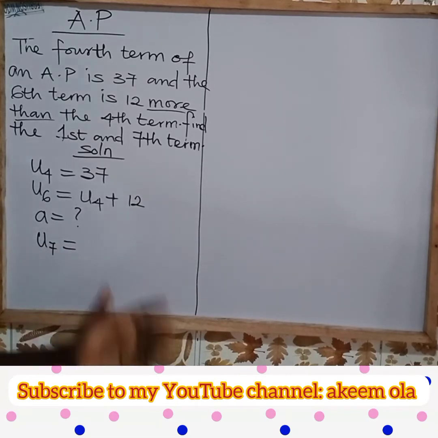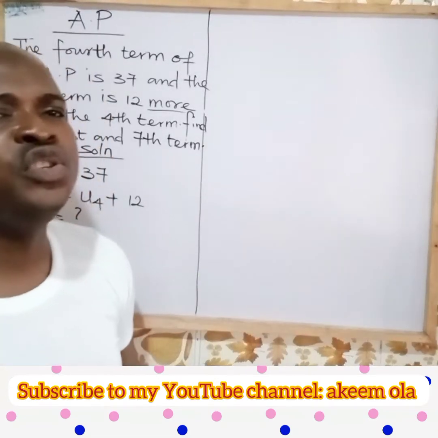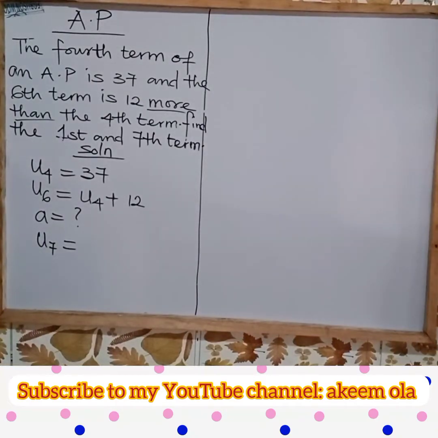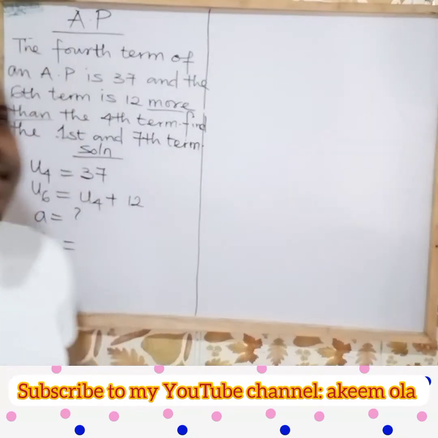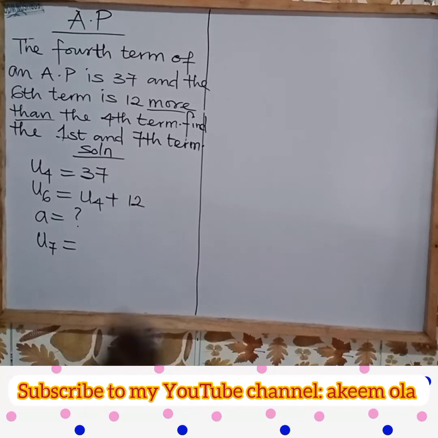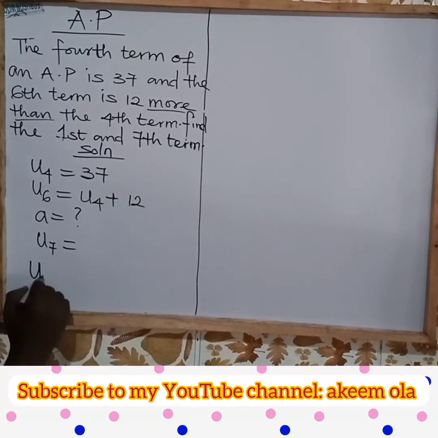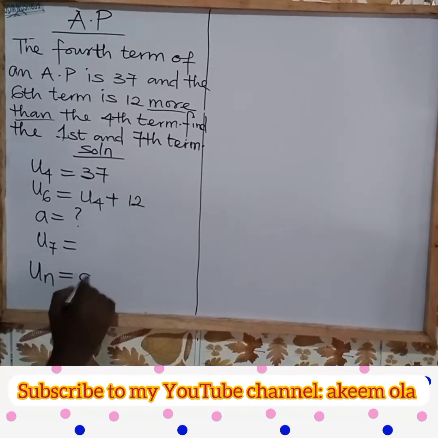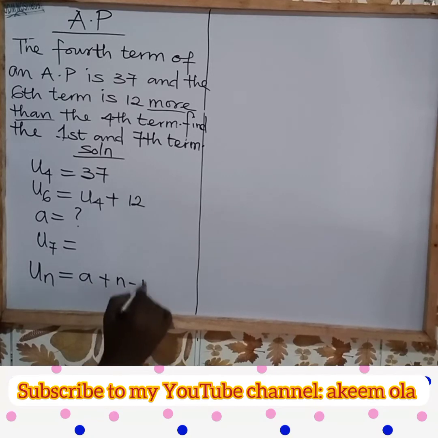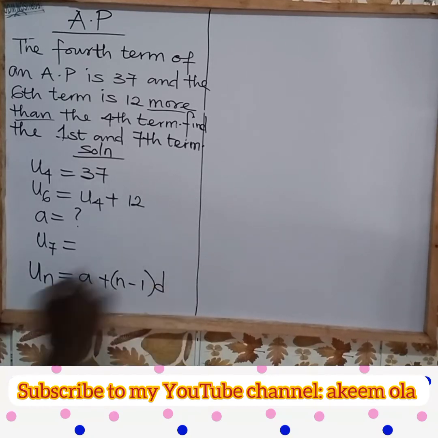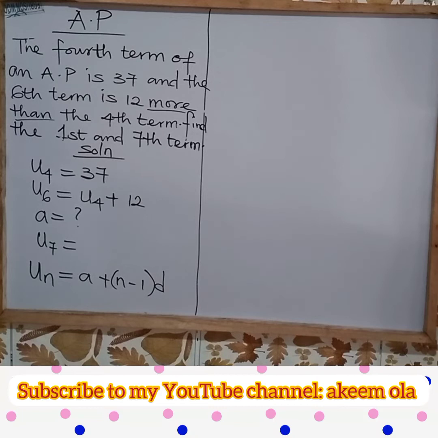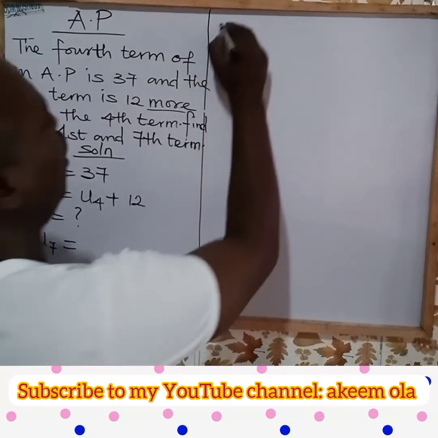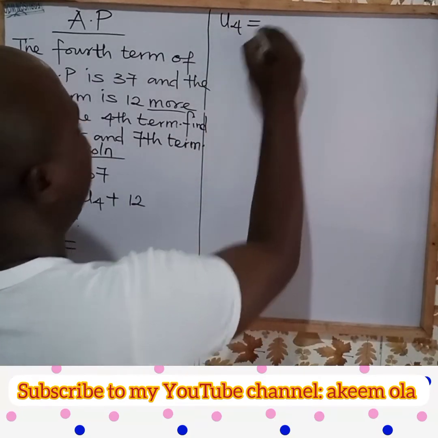Of course, for us to solve this question, we are going to use the nth term formula of an AP, which is Un is equal to A plus (n minus 1)D. Our U4 will be n equal to 4.